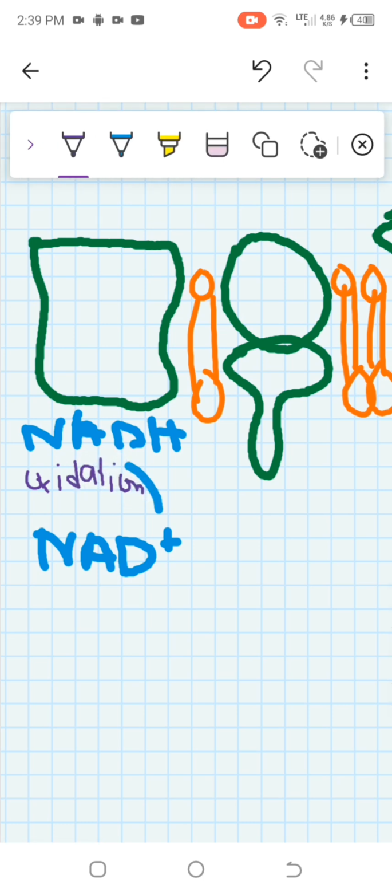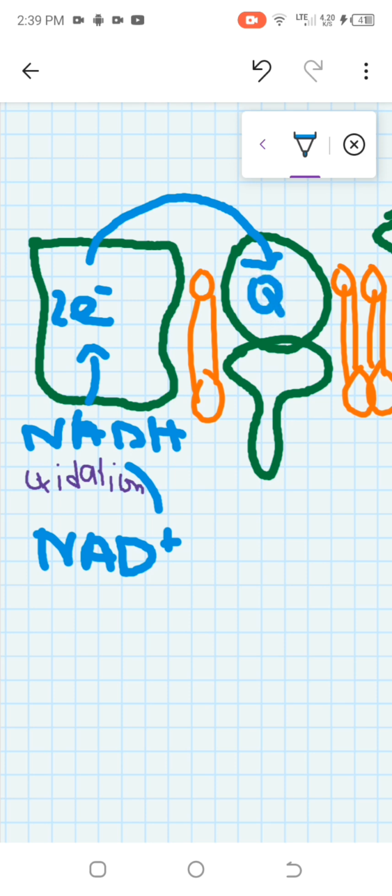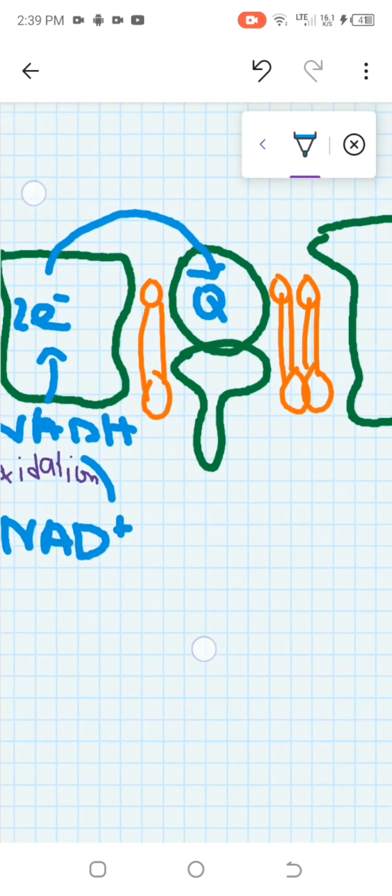When this is oxidized, it will release two electrons, and these electrons are gained by complex 1. These electrons will go to ubiquinol Q, which is an electron carrier.